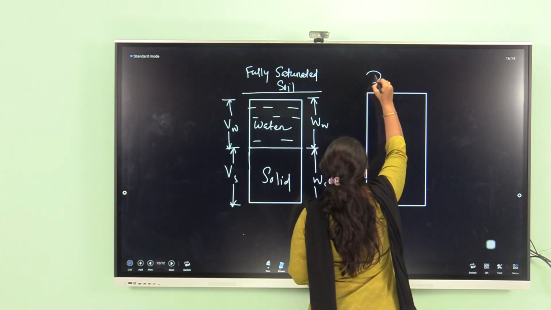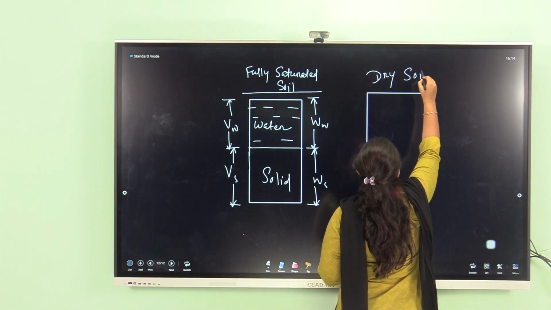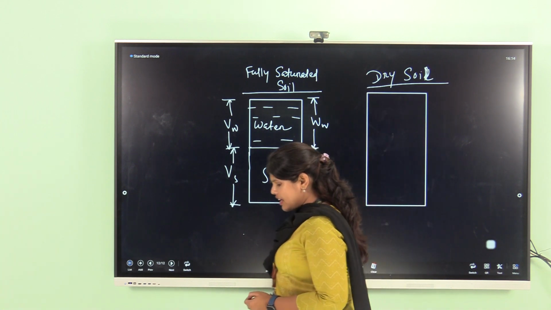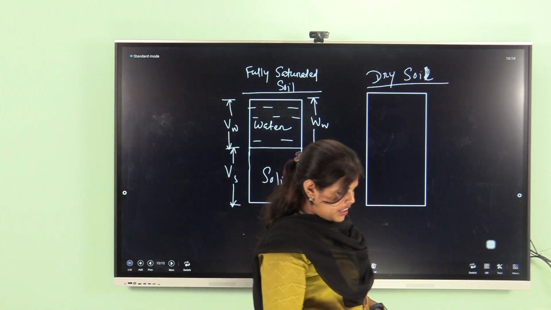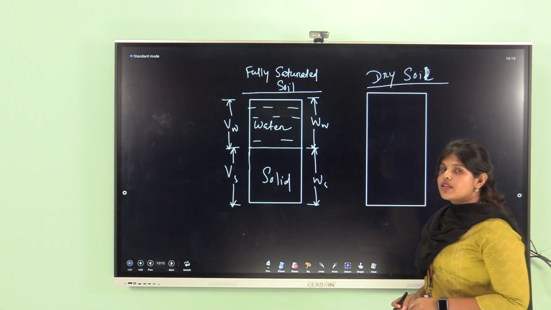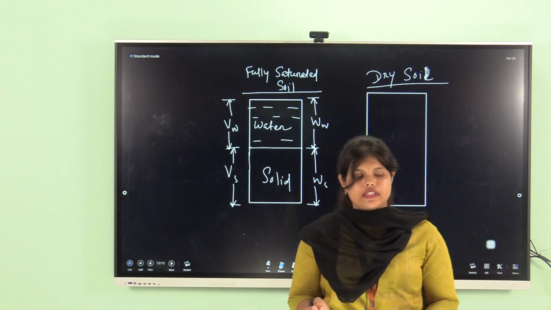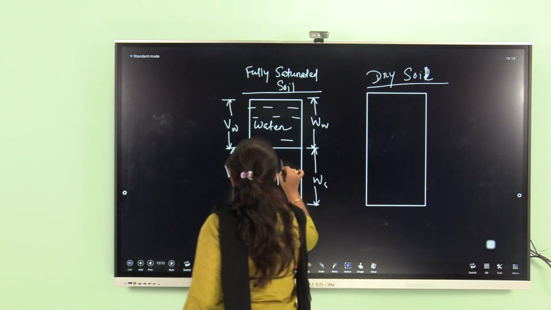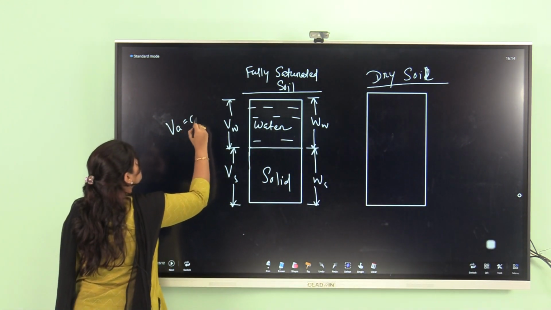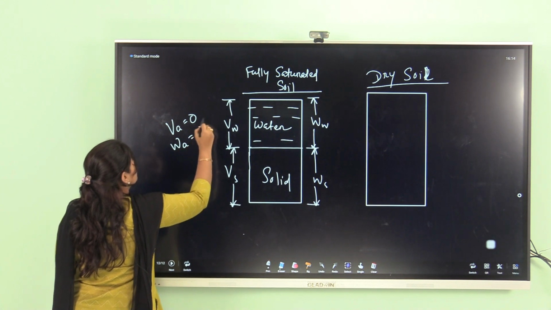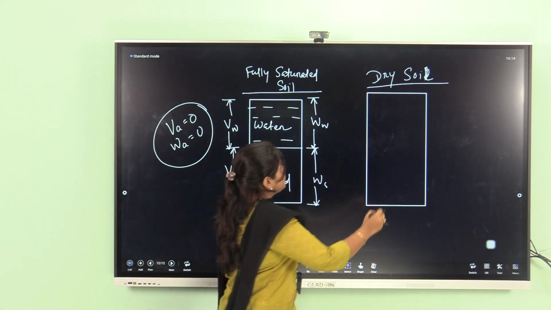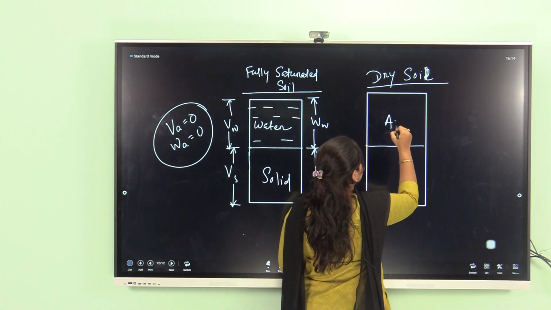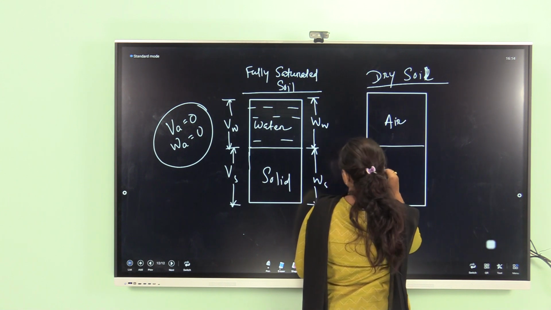Likewise, for dry soil. Dry soil means if in case of soil there is no water present, the presence of water is 0. In case of dry soil, air is present but water is absent.